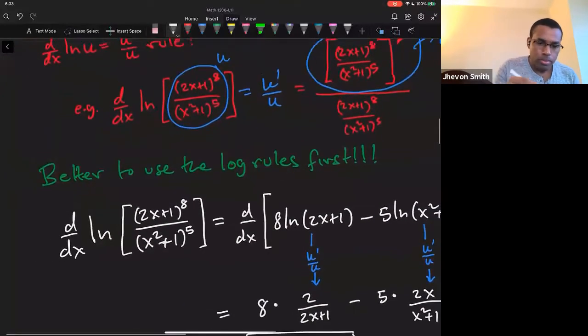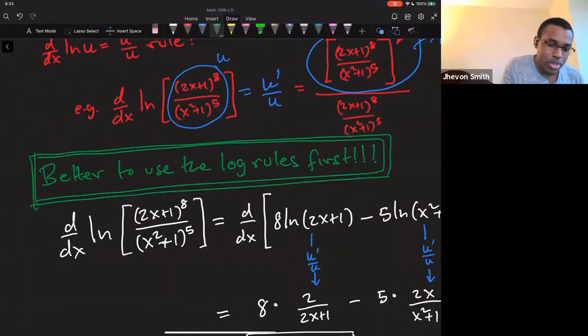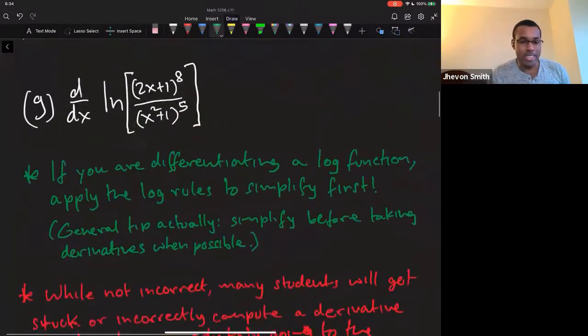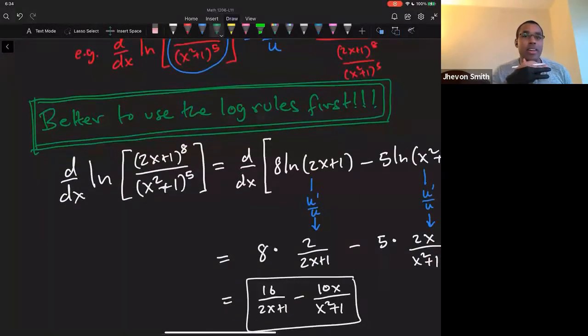And for whatever reason, every semester I say this whenever I teach this class, and every semester I have students not doing this. I put a problem on the test specifically to test this, where I put logarithm of something very complicated, and you'll see it on the practice test. I'm not expecting anyone to do u prime over u because I spoke for like 5 minutes explaining the benefits of not jumping into that.